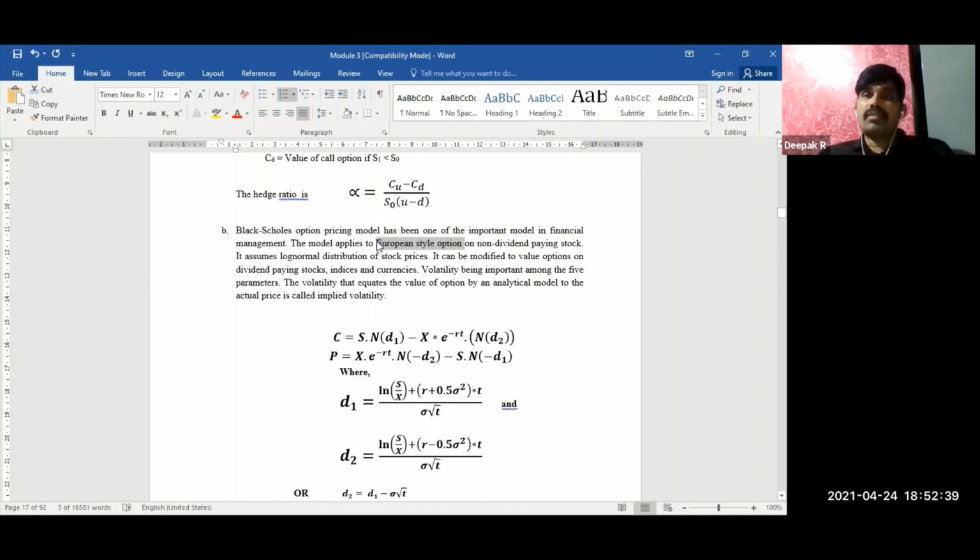American option means if you buy the call option, you need not wait until maturity, 3 months. You can exercise that call option whenever you feel it. So an American option can be exercised anytime. When it comes to a European style option, we believe that you enter the market on the date of issue and you exit the market at the time of maturity. That means exactly after 3 months.